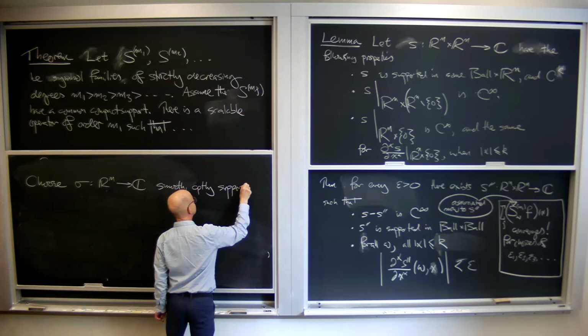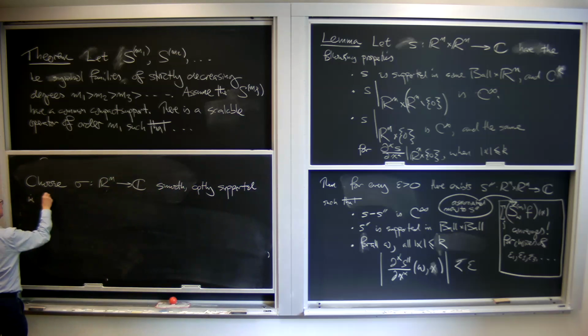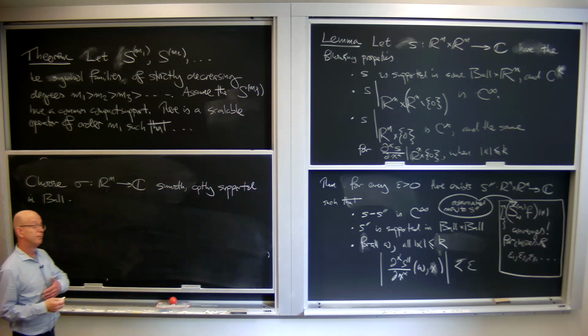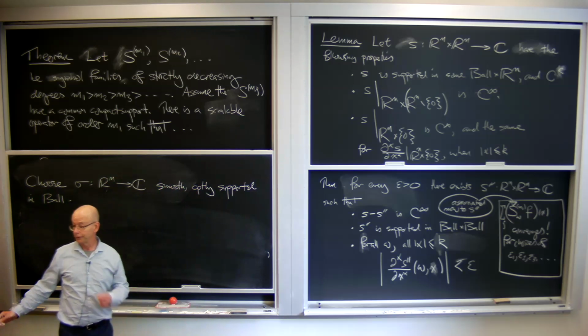A little fellow that's smooth and compactly supported in this ball that appears over there. And I'm just going to multiply everything by sigma, and then we'll be done. It'll be compactly supported. Okay.